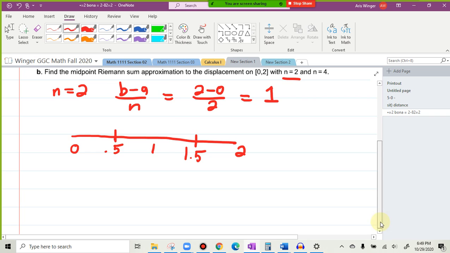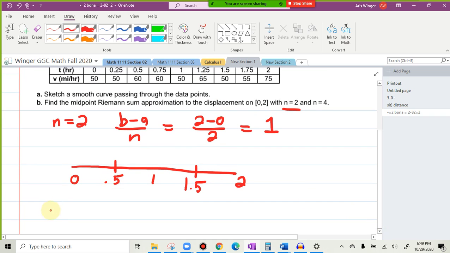So the midpoint formula is going to be delta x, which is 1, times the sum of the value at 0.5. So let's write it. It's 1 times f, in this case it's v, 1 times v at 0.5, because they wanted the midpoints, plus v at 1.5.